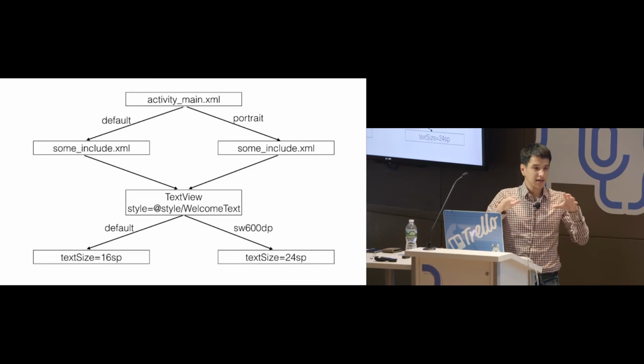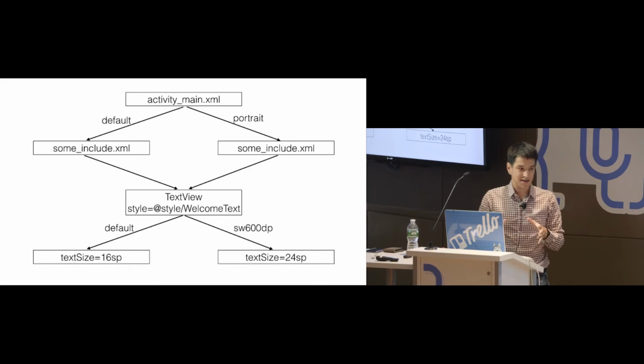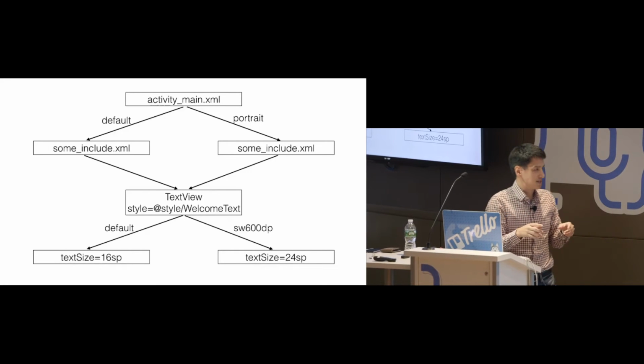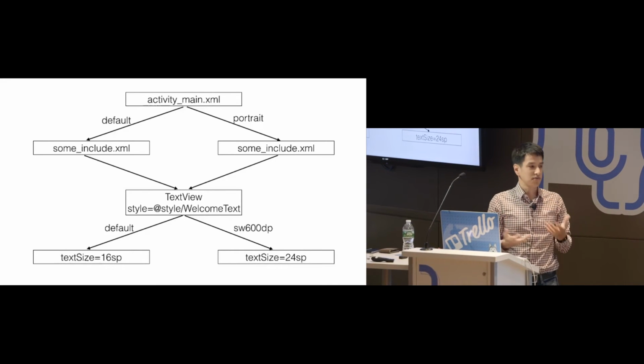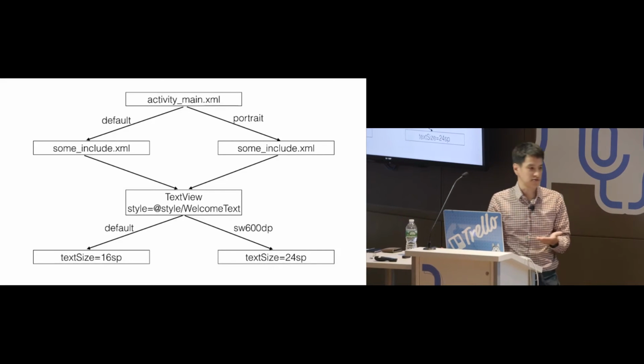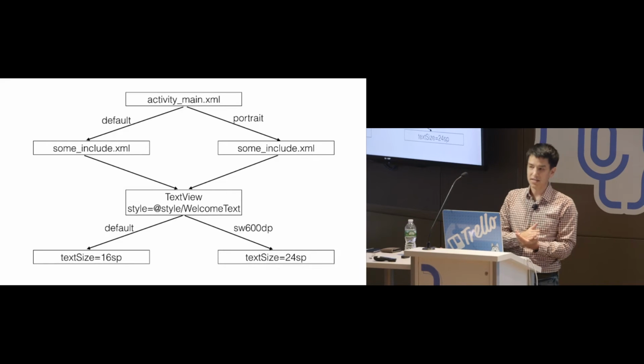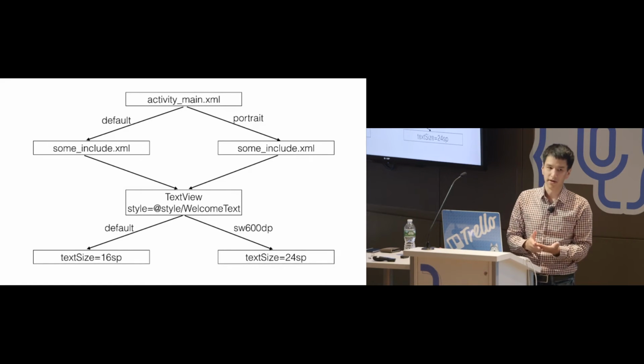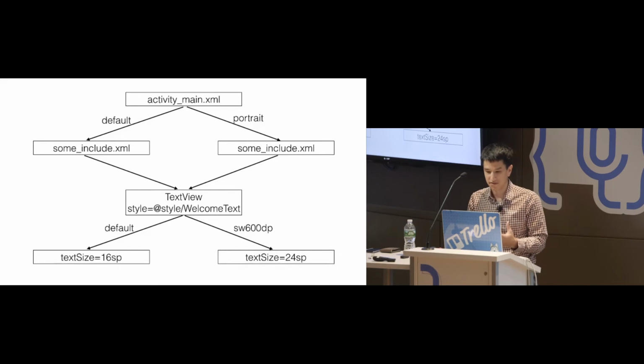So this can basically nest all the way down. You could make a huge mess of this, but if you're smart about how the different breakpoints happen with resource qualifiers, you can end up having basically no duplicated code whatsoever throughout your application, which is great. Things just change based on all of the different device configurations.